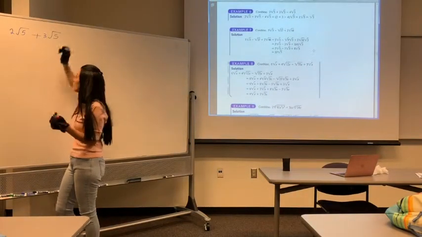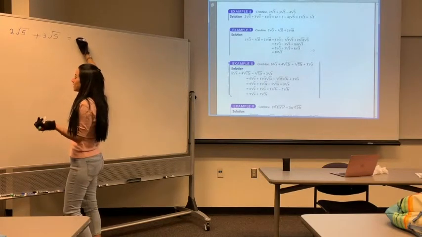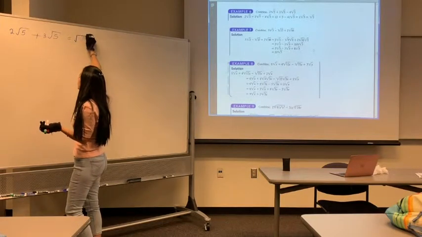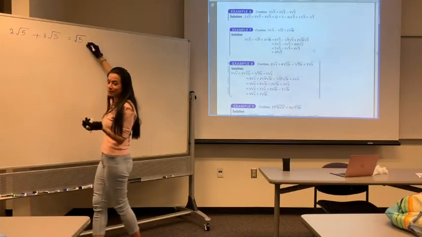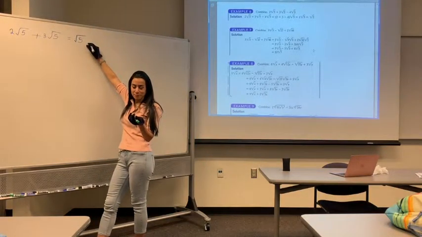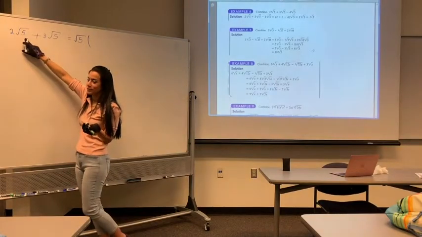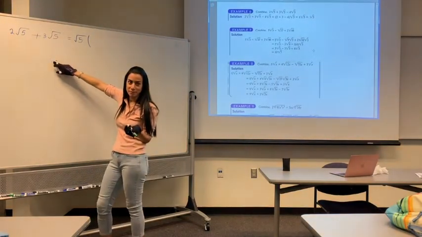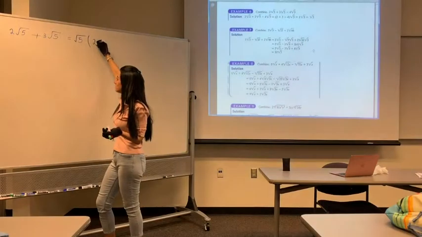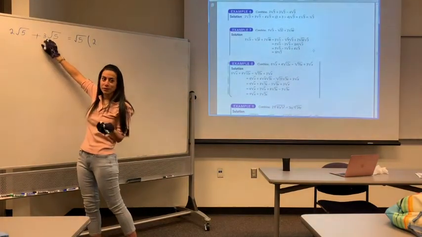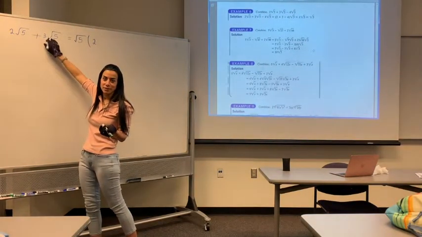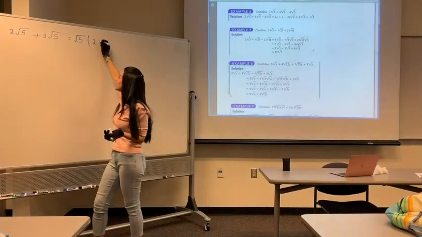So one way of doing this and understanding this is factoring out radical 5. If you factor out radical 5 from the first one, just 2 remains, right? If you factor out radical 5 from the second term, 3 remains, correct?